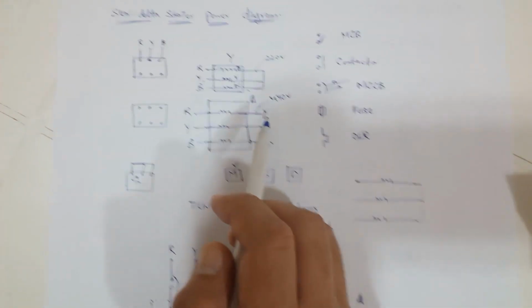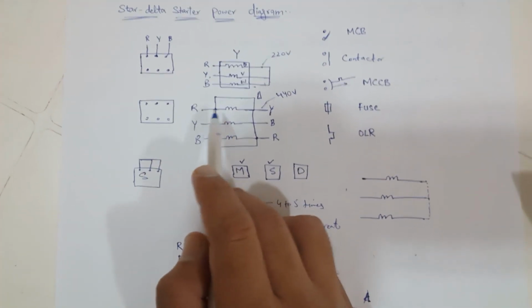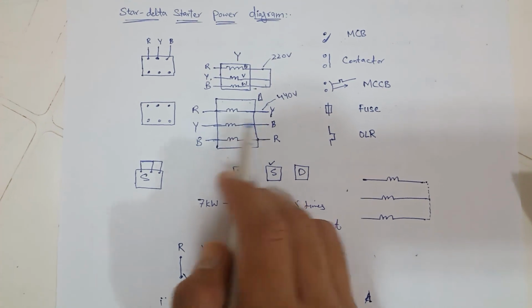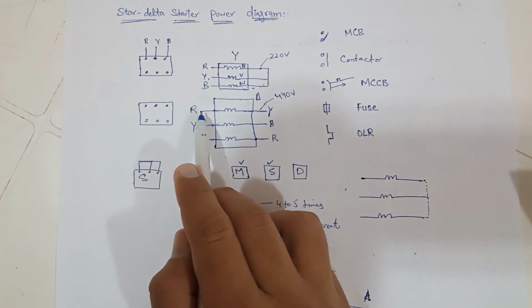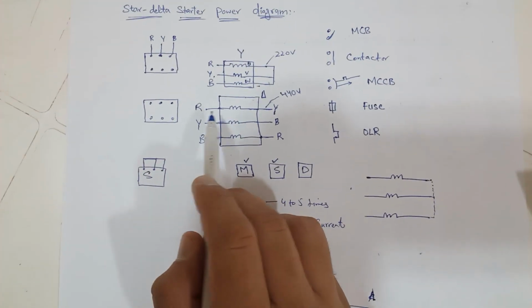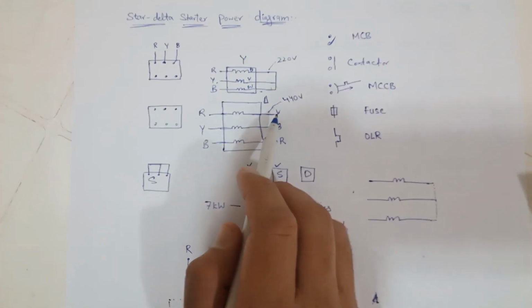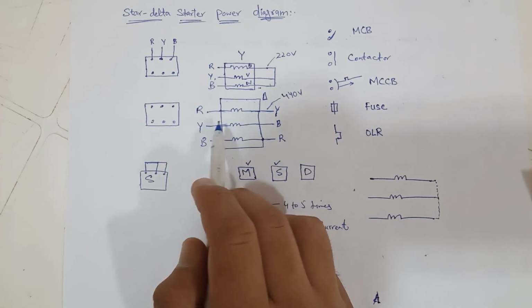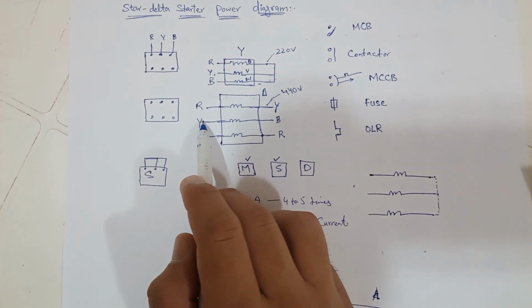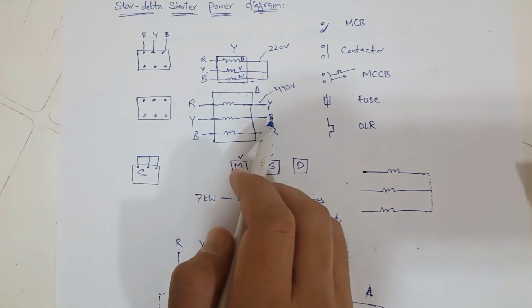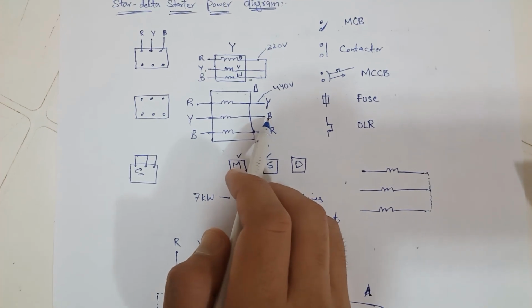If we look at the delta connection, we also have 3 windings, but the start of the winding is supplied by red, and the end is supplied by yellow. Same for the second winding: start is supplied by yellow and end by blue.